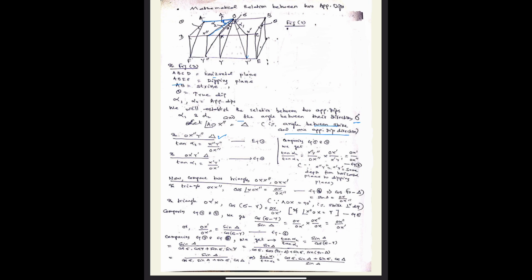So in the OX double dash Y double dash triangle, similarly tan alpha 2 will be this much. In the same manner, for the other apparent dip, in the OX dash Y dash triangle, tan alpha 1 will be X1 X dash Y dash by OX dash.